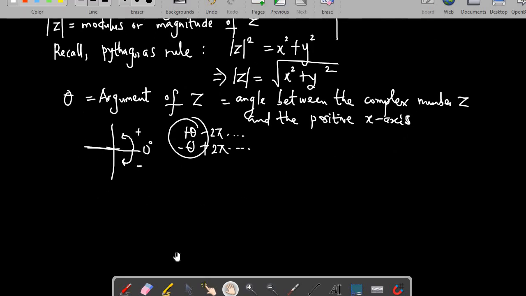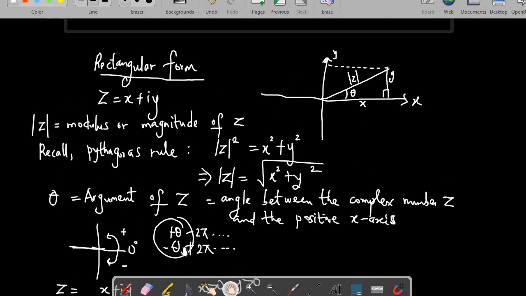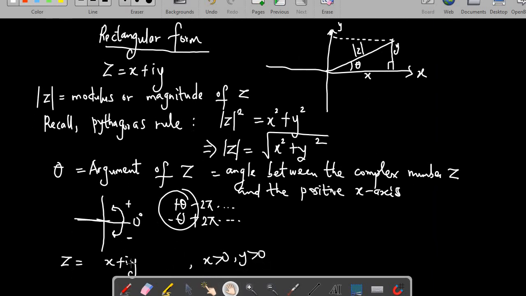Now let's press further. Imagine I have a complex number z equals x plus iy, where x is positive and y is positive, that is, it is in the first quadrant, here where I drew my line.